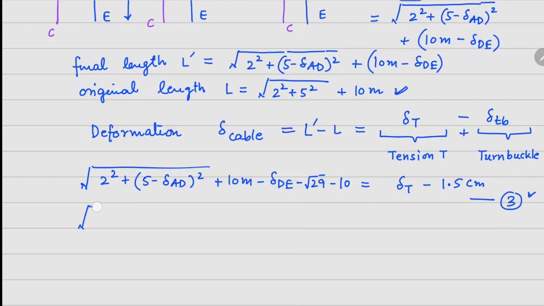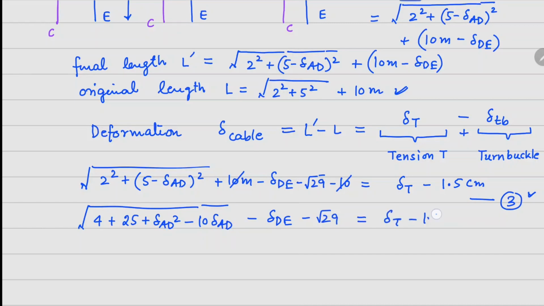Okay, so if I expand this inside, this is 4 plus 25 plus delta AD square minus 10 delta AD, and this 10 and 10 cancel out here, so minus delta DE minus square root 29 equals delta T minus 1.5 centimeters.